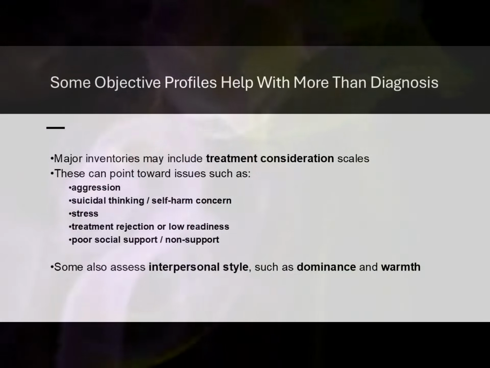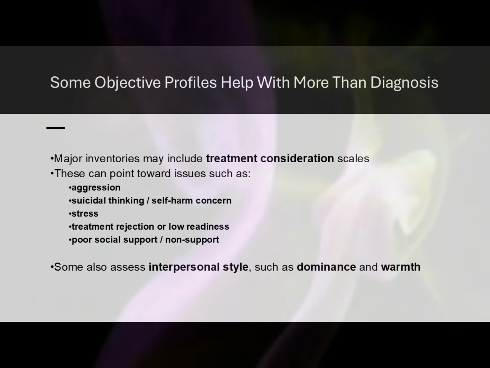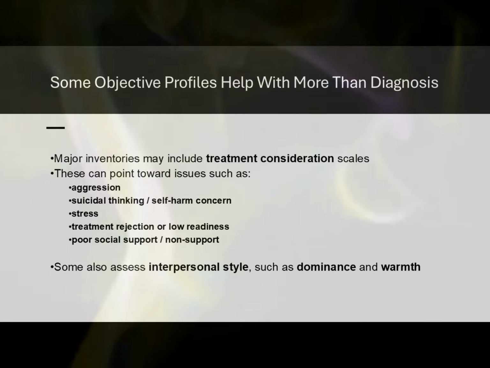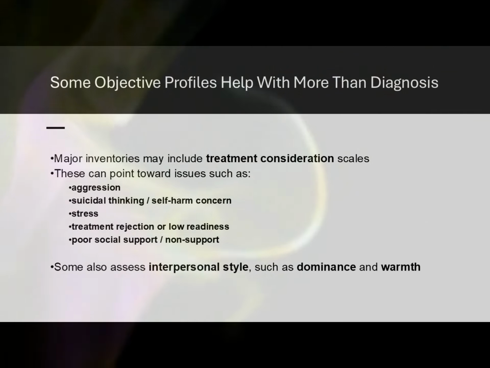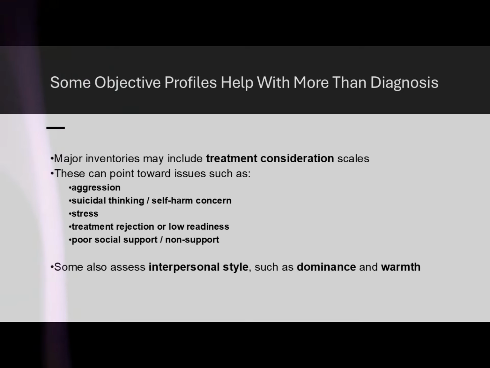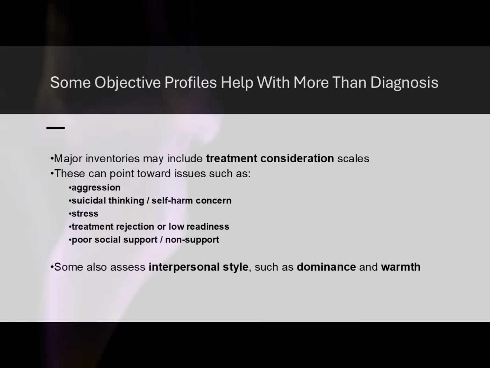One area might be aggression or anger. If the profile suggests elevated aggression or irritability or hostility, that doesn't automatically mean that the client is violent, but it does tell the counselor to pay closer attention to frustration tolerance, impulse control, conflict style, and safety.